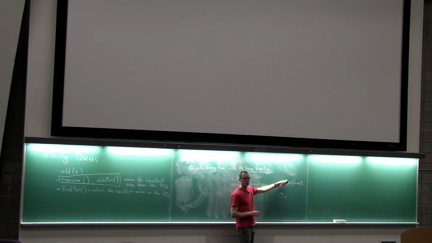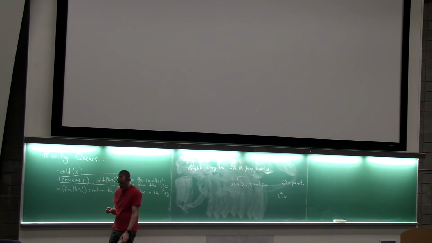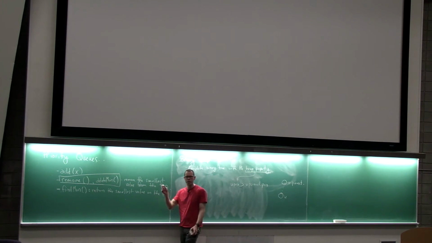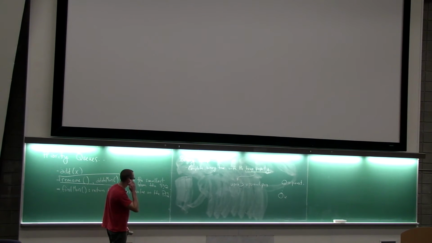The smaller priority should be at the parent between those two nodes. And of course, that means that the smallest priority will have to be at the root, because there's no other smaller priority to put at the parent. The root is the only node that doesn't have a parent.